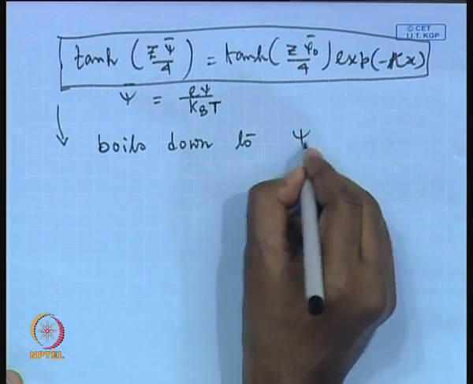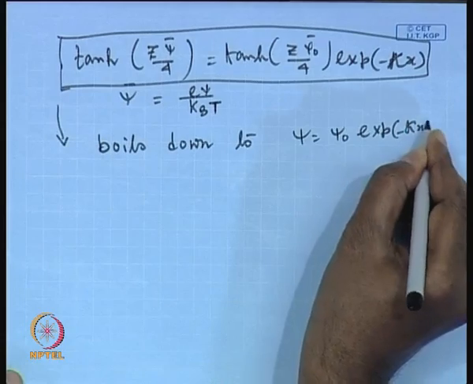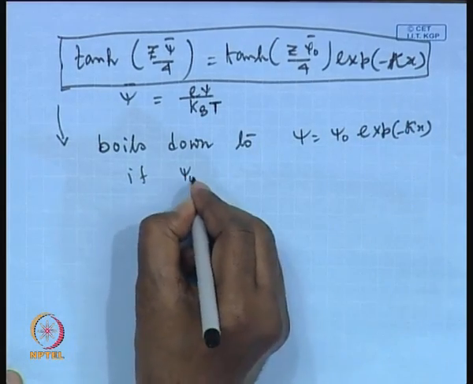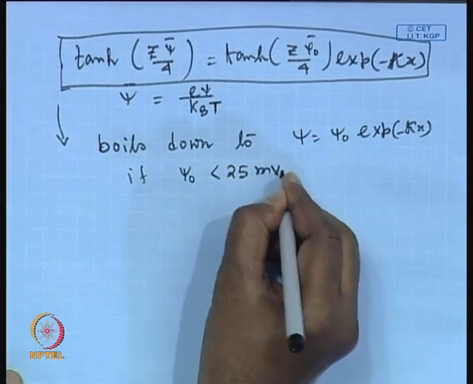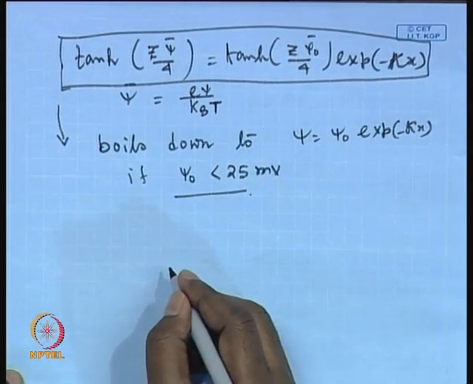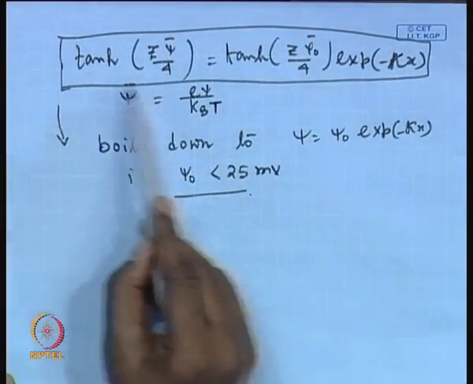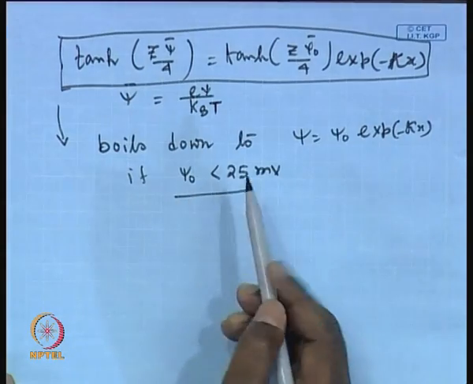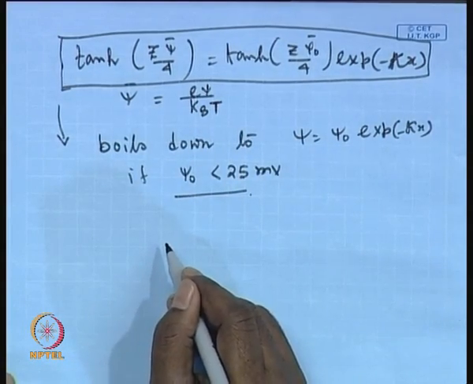the earlier expression psi is equal to psi naught exponential minus kappa x if your psi 0 is less than 25 millivolt. Okay. So, in rare cases in our applications we will be utilizing this expression. In most of the cases we will be using the simplified version using the Debye-Hückel approximation.